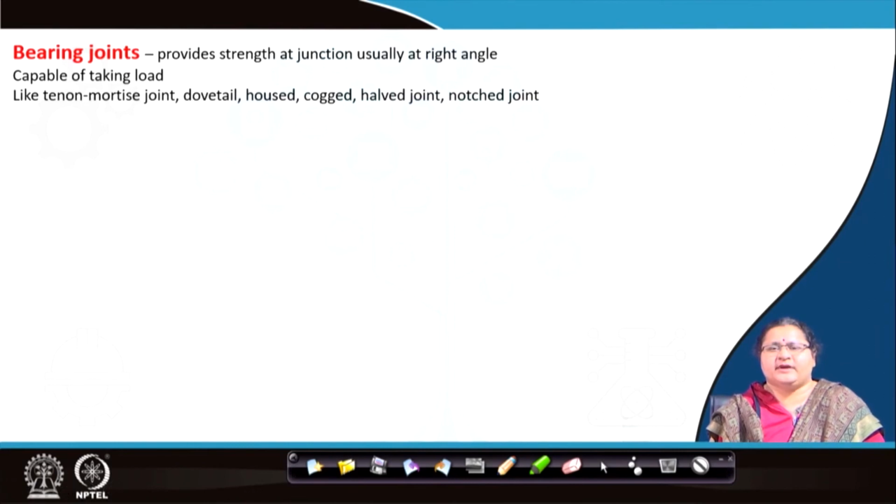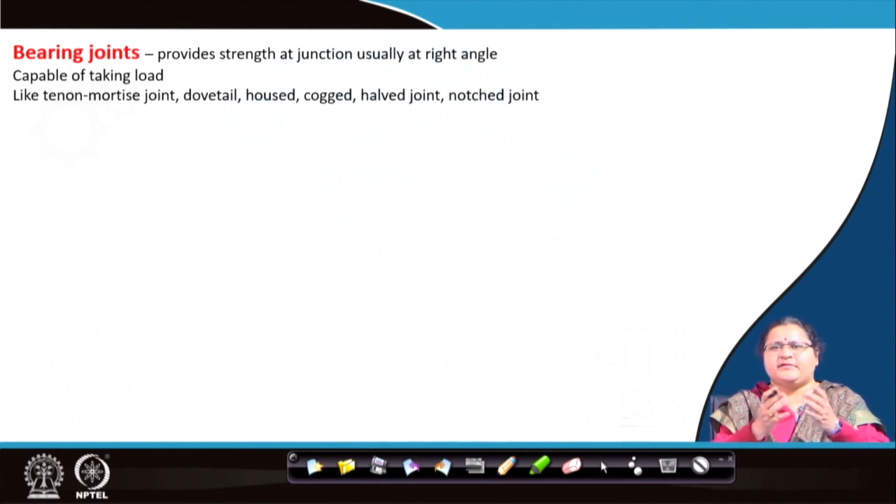In bearing joints, we try to minimize the loss of strength. So, they are usually provided at junctions, mostly at right angles, and are capable of taking load. Tenon and mortise joint is one such. Dovetail is another joint. Housing one inside the other is called housed joint.